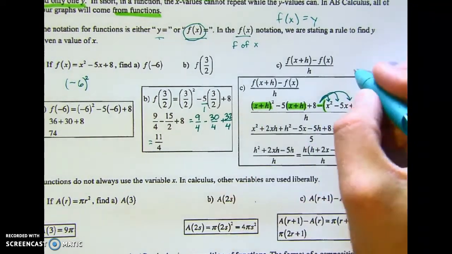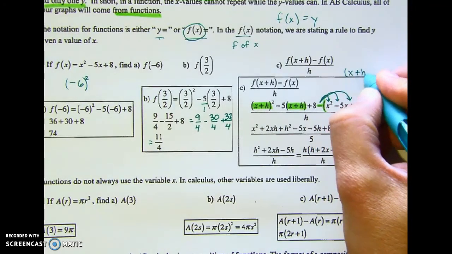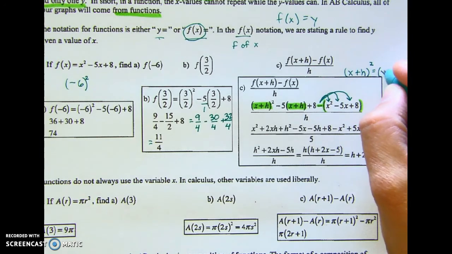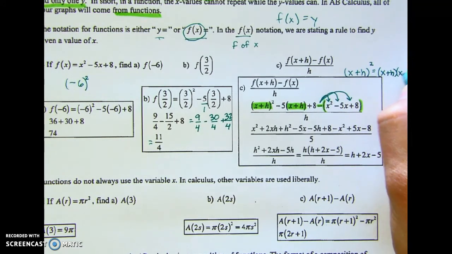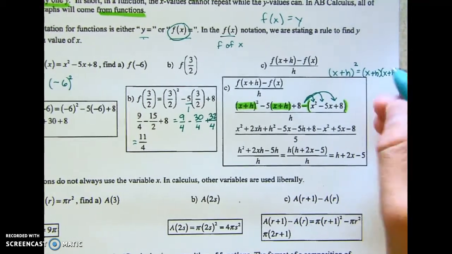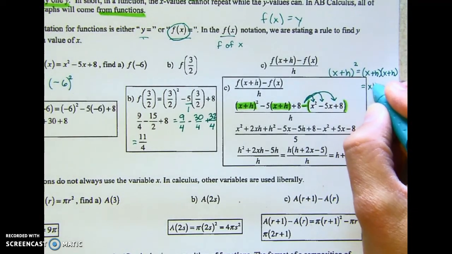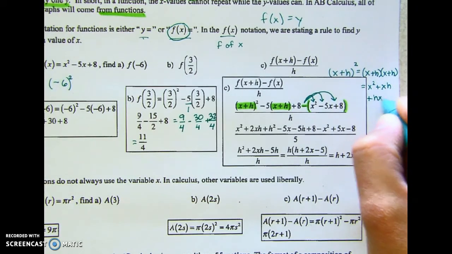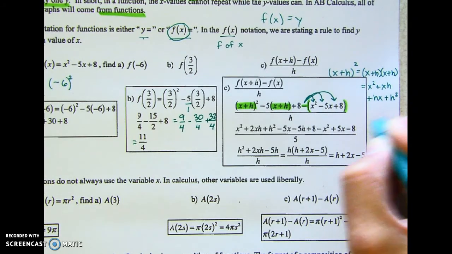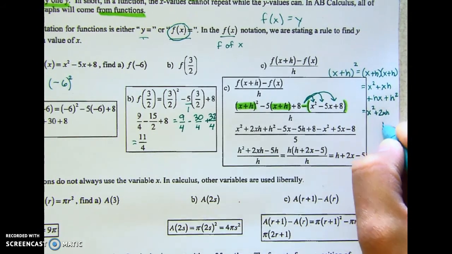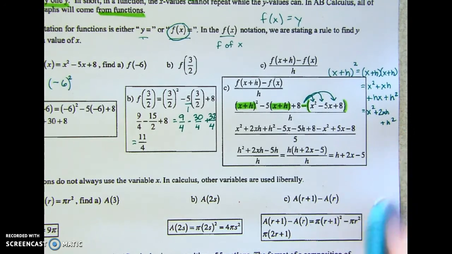X plus h squared. You really need to have this memorized because we don't have time for you to write it twice and do your first, outer, inner, last, and then you go, oh, x squared plus 2xh plus h squared.